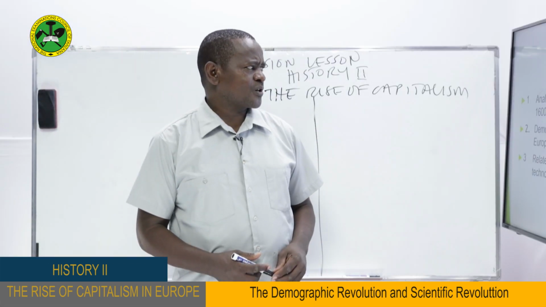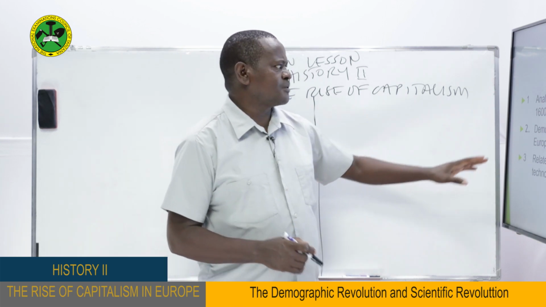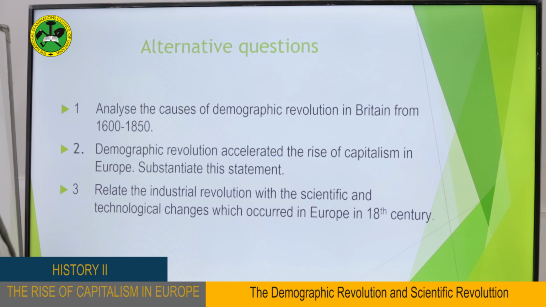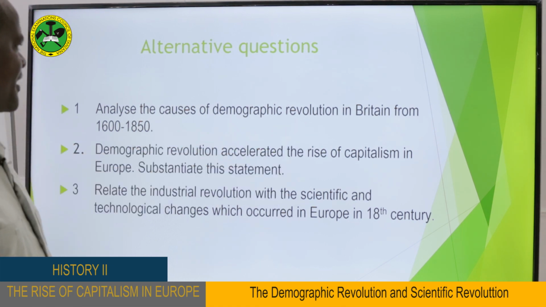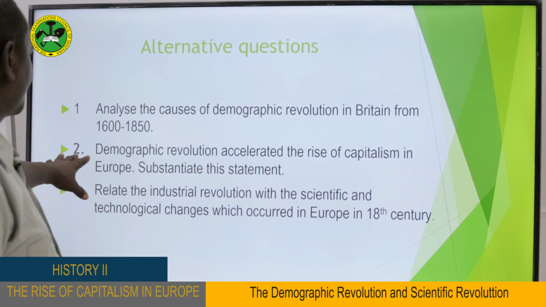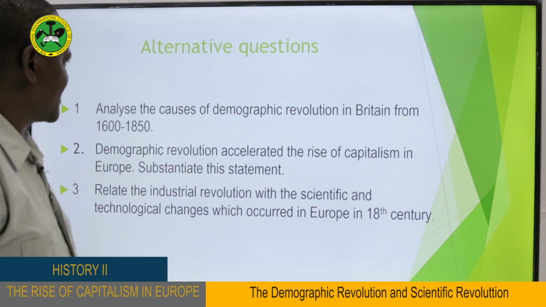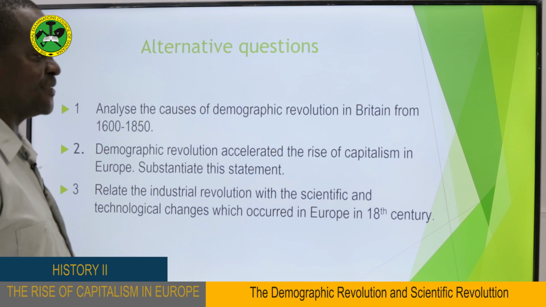My dear students, also at the end of our lesson of today, you have to make sure that you are able to attempt these three questions as you can read them. The first question is analyze the causes of demographic revolution in Britain from 1600 to 1850. And the second question is demographic revolution accelerated the rise of capitalism in Europe, substantiate this statement.